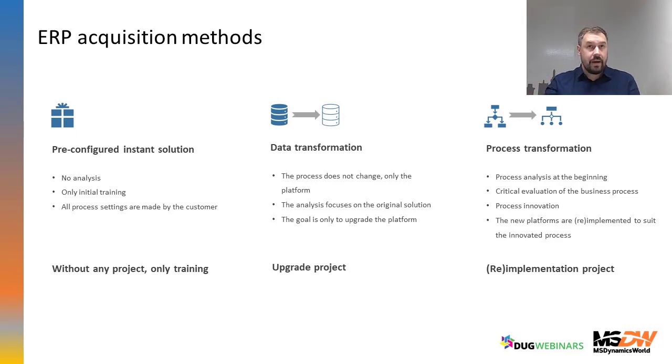Nothing is black or white, so the project can be rather data transformation or rather process transformation, but it doesn't matter. Both of them are an implementation project, and both of them should be scheduled. And this is what we are speaking about today, how the schedule should look.